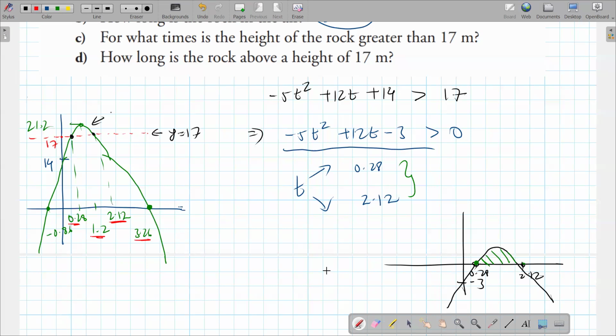Part D, how long is the rock above a height of 17 meters? Part D is actually very simple if you know what it's asking for. It's a 5-second answer. I'll give you a hint: it's a subtraction.